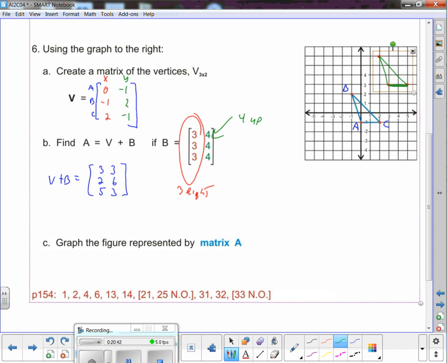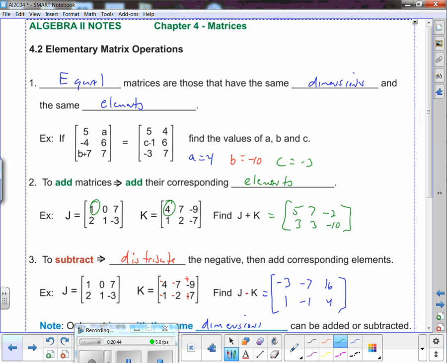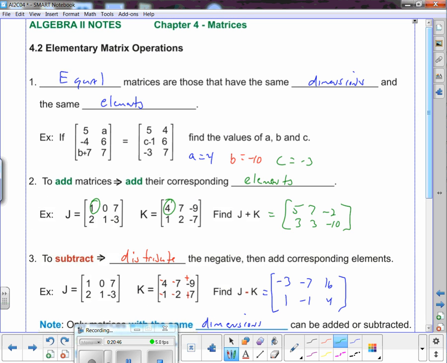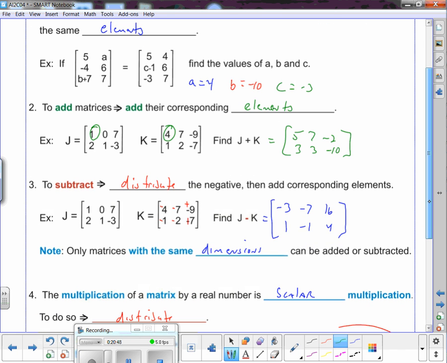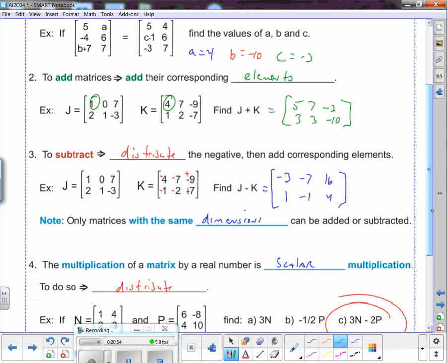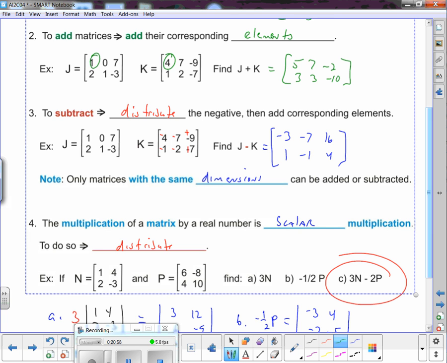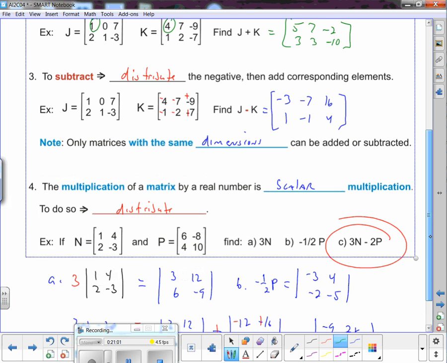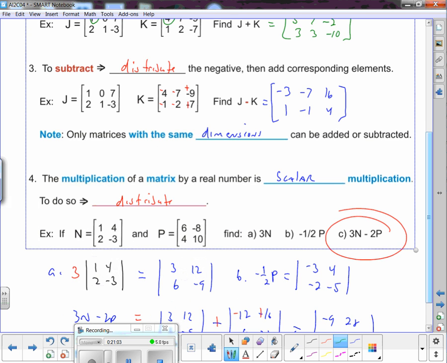All right, so start it all off with equal. Remember, same elements. They may not look the same because we may use some variables, but it's going to be exactly the same value in each element. How do you add matrices? Real easy. Add up the corresponding ones. Subtract, be careful. Distribute, be careful. If they don't have the same dimensions and they ask you to add them or subtract them, just say you can't do it. Can't be done, right?